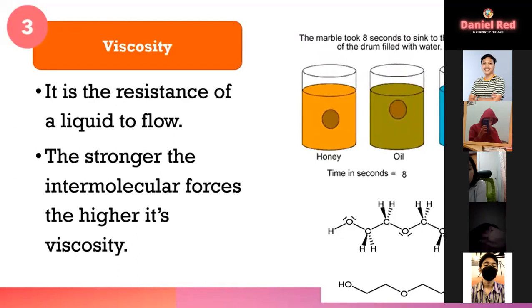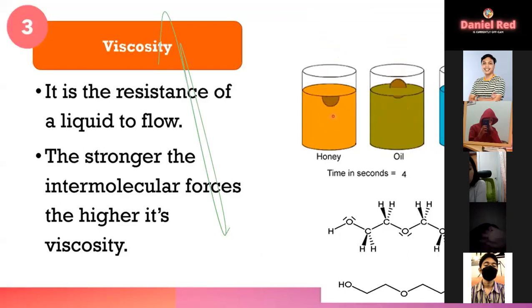As you can see in this illustration, the ball that was dropped in water goes to the bottom, while for oil, it goes somewhat near the surface, and honey is in the middle part. This is the molecular structure of honey.